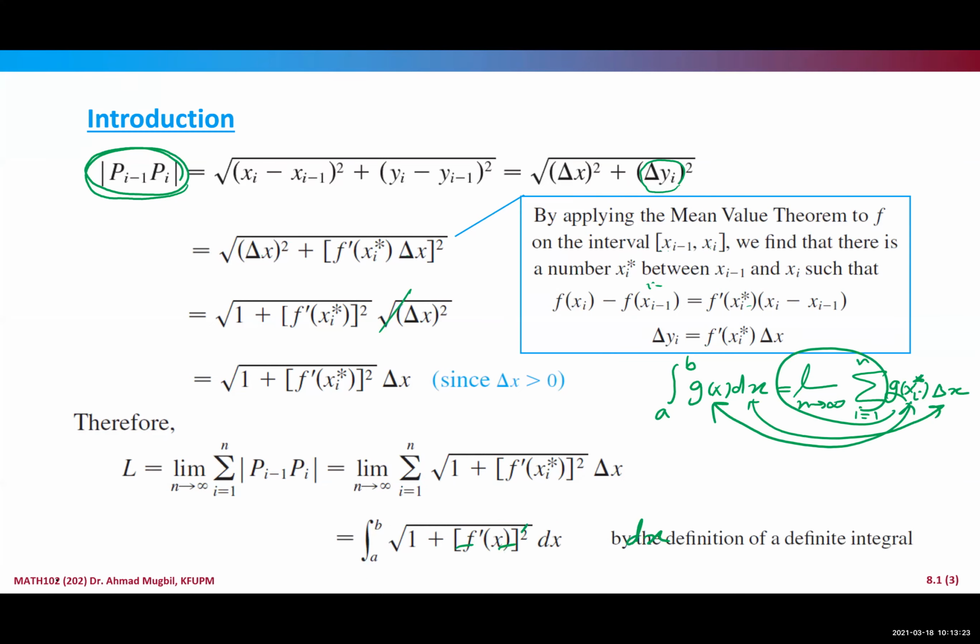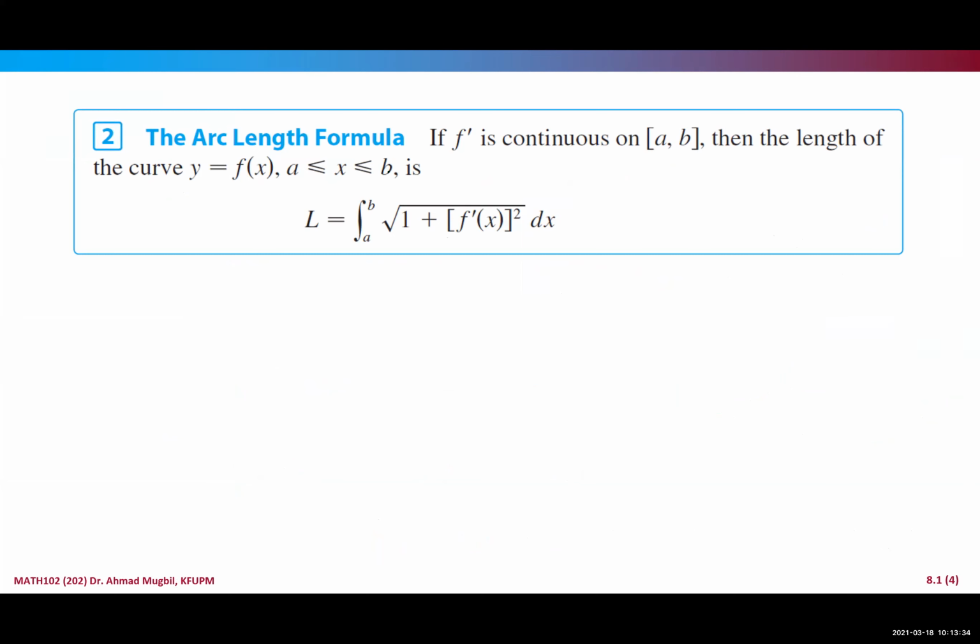This is the summary. If you have a curve of a function and you want to find the length of the arc from a point A to another point B, then just integrate from A to B the square root of 1 plus the square of the derivative. Because we have a first derivative here, this derivative must exist and must also be continuous, to guarantee that it is integrable.